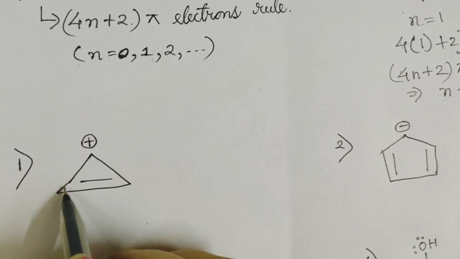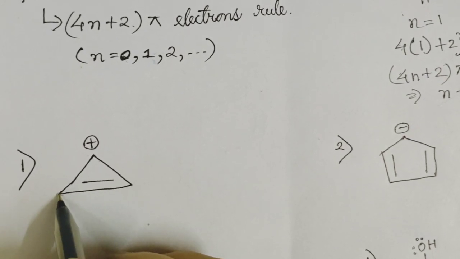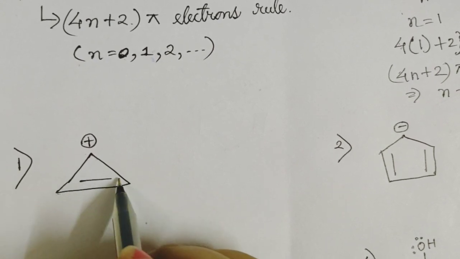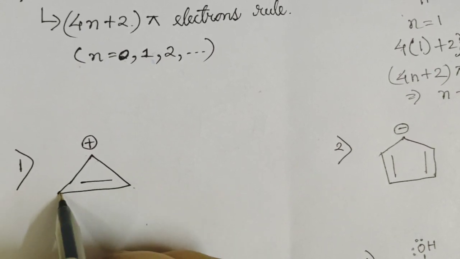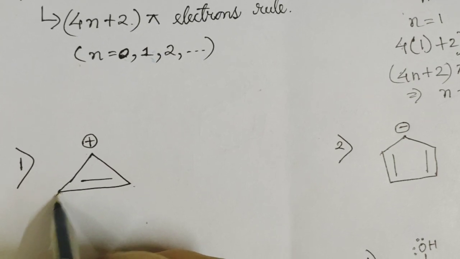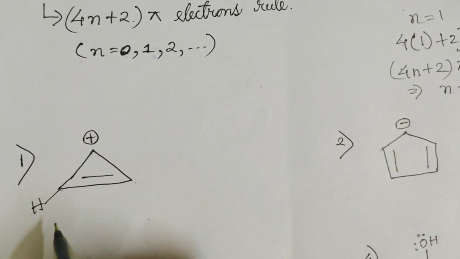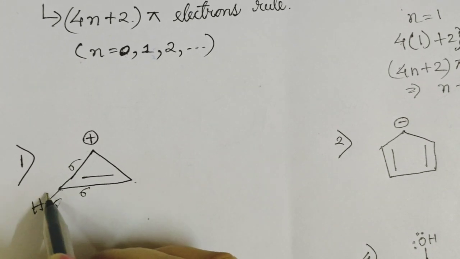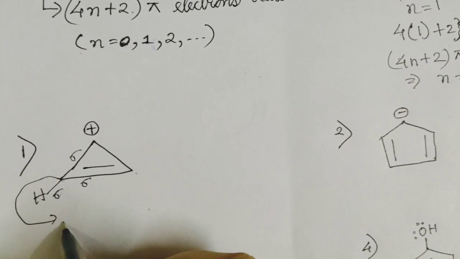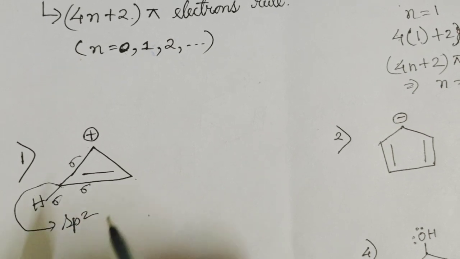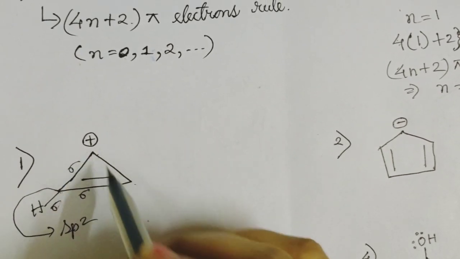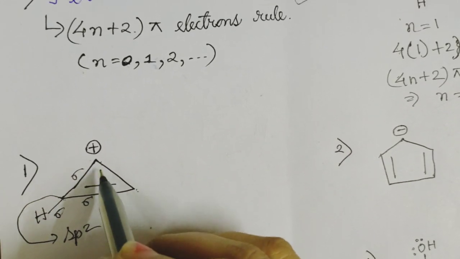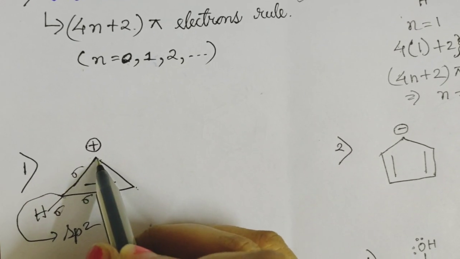See, one carbon atom is bonded to one carbon atom, here it is bonded with a pi bond to another carbon atom, and the one bond that is left is with the hydrogen atom. So it is having 3 sigma bonds. So it is basically sp2 hybridized.